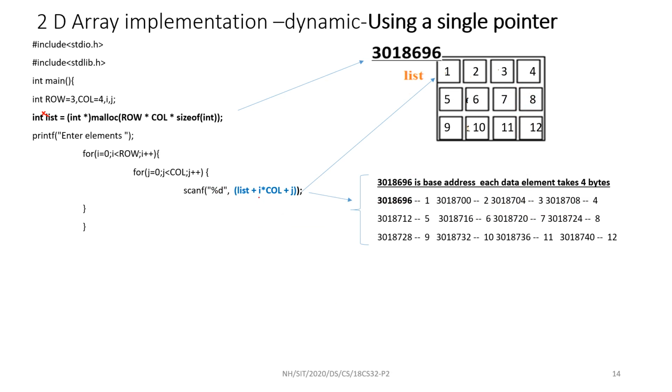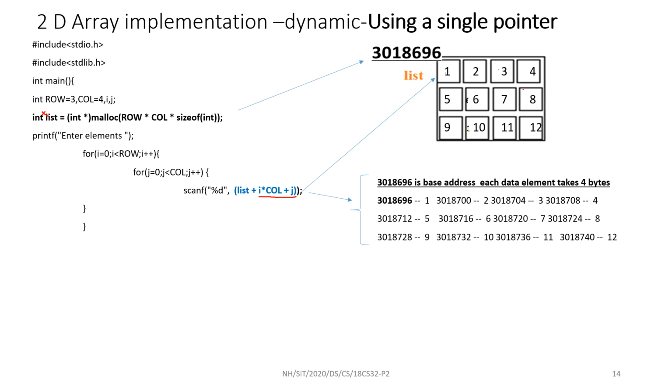So remember, to get the address, i into column, because the data elements are stored in row major form. In case of column major, it is multiplied by row. We'll see that later in the module. I into column plus j. Suppose you are now reading in the second row.